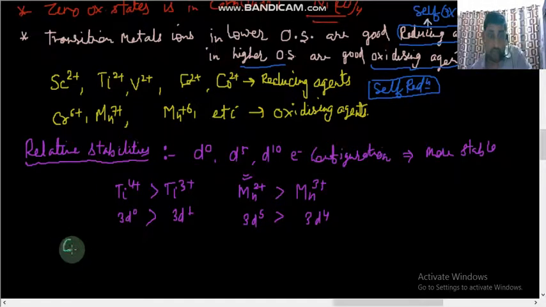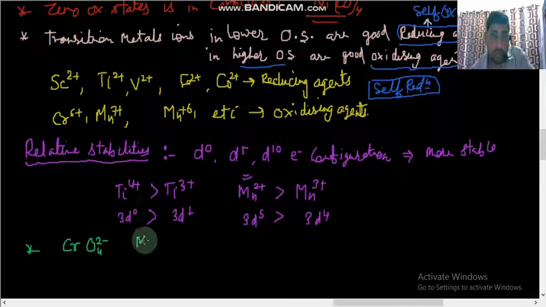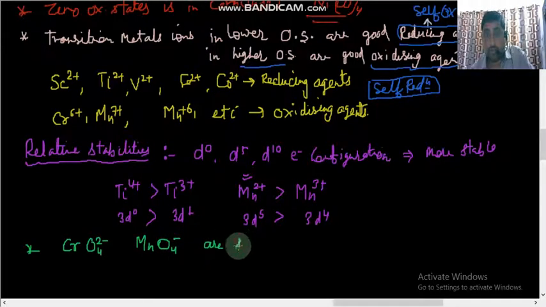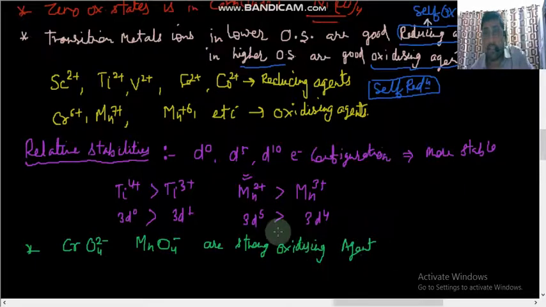So for example, if you see CrO4 2 minus, similarly MnO4 1 minus, they are strong oxidizing agents. Now what does that mean, and why is this so?